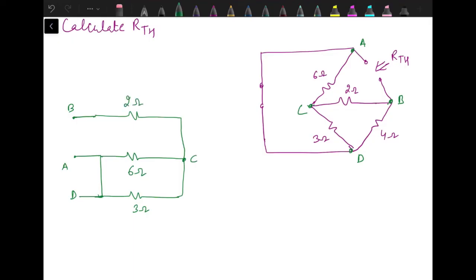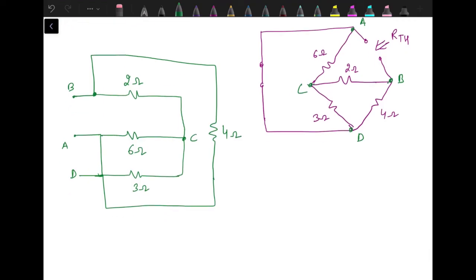And we have one more resistance of 4 ohm which is between B and D.